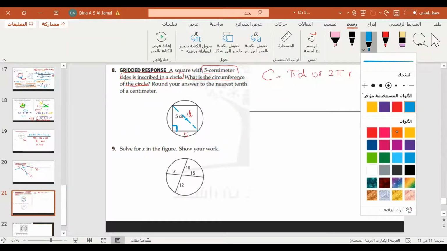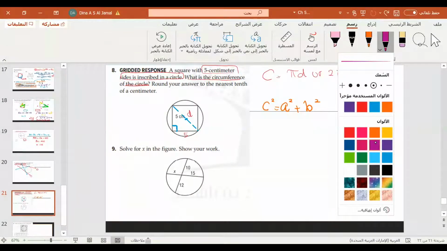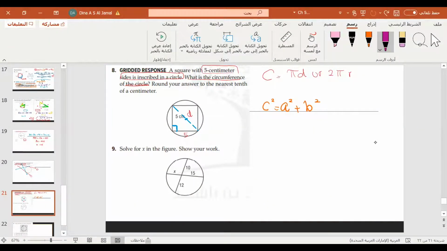So to find the diameter, you will be using c squared equals a squared plus b squared, which is the specialty of the right angle triangle. So your c will be your d already.